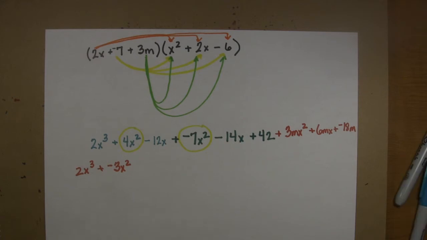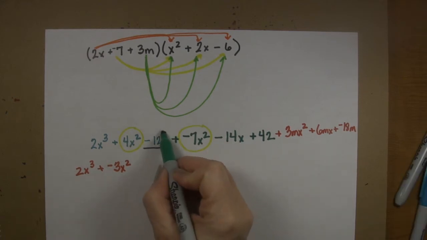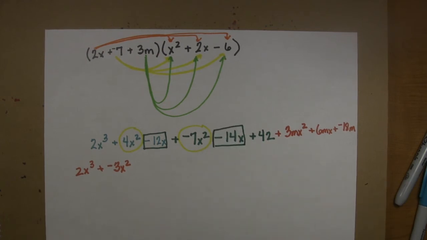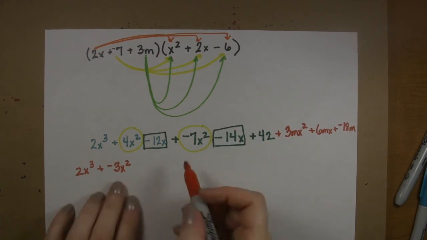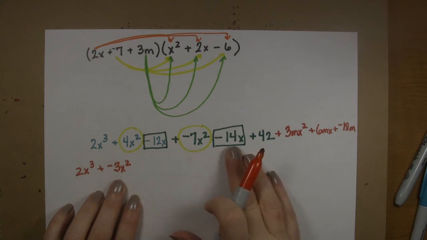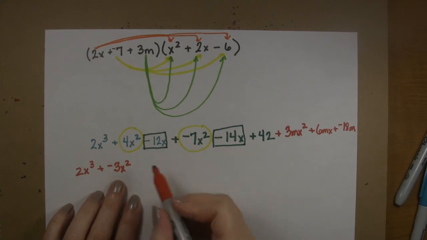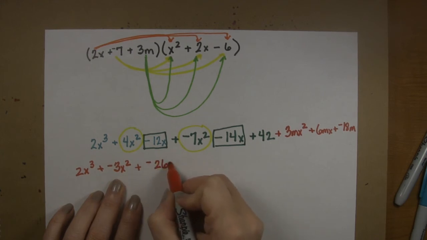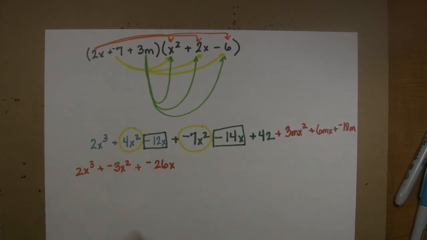I have another set of like terms here with my x's. So a negative 12x plus a negative 14x gives me a negative 26x. I don't have anything to combine with that.